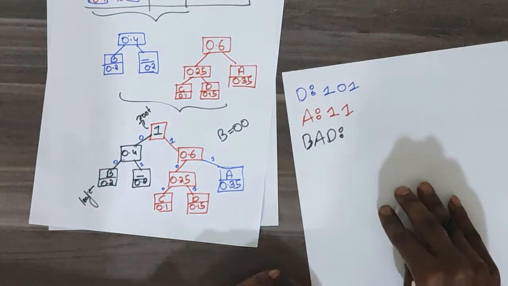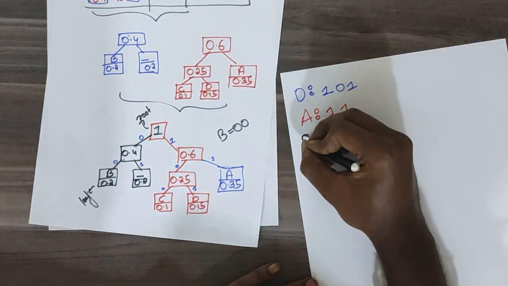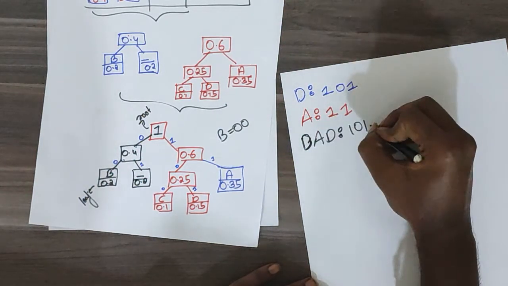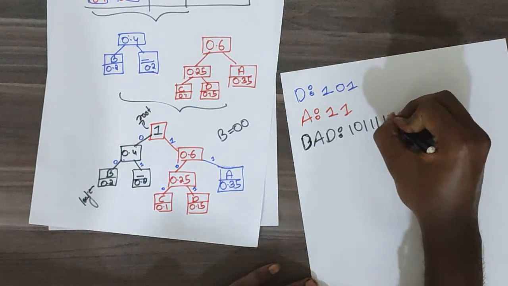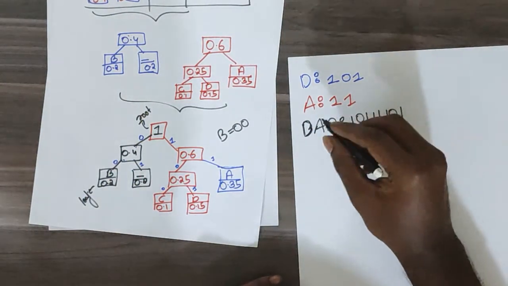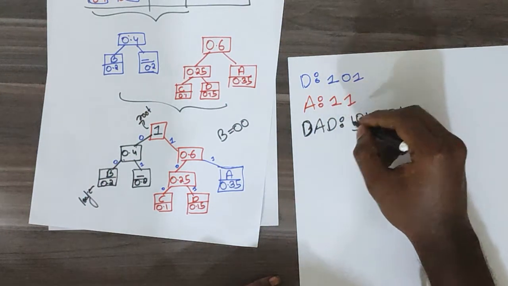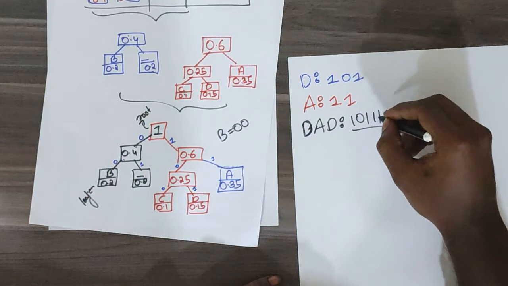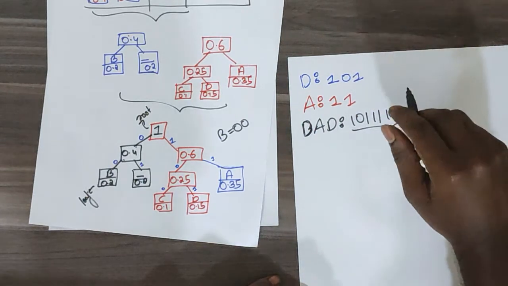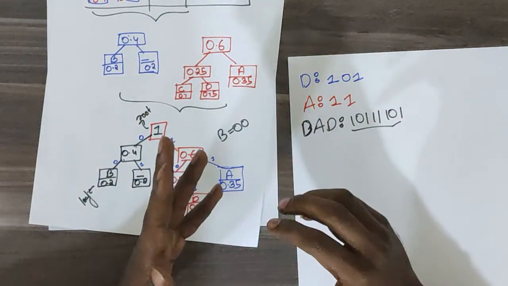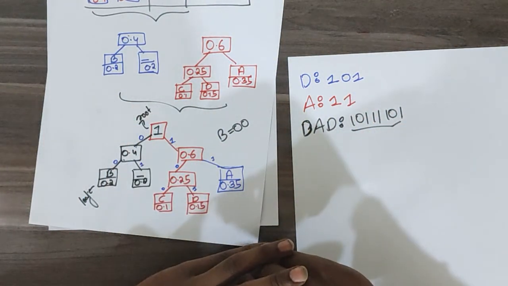For DAD, this would be D 101, A which is 11, again D 101. So this here represents DAD. In the normal file it would be written DAD, whereas in the compressed or zip file it would be written as 10111. With this kind of compression we can achieve over 25 to 80% of compression.